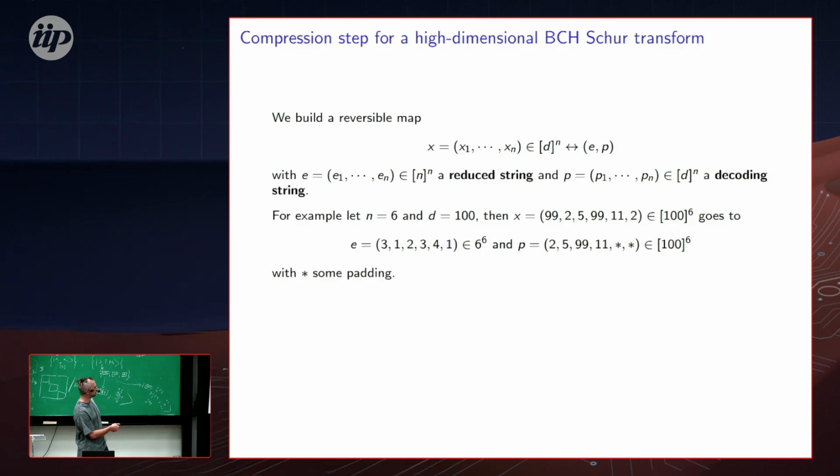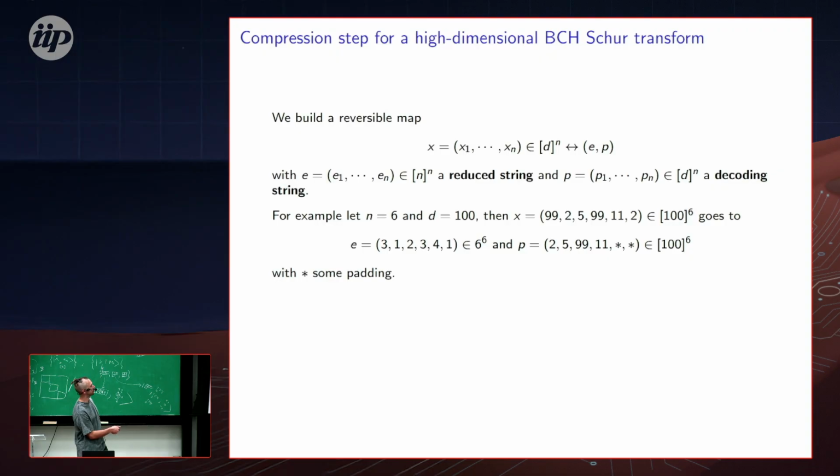Let's see how. As I'm saying, let's say you have some small n and a large d, and you have this vector, this string, 100 to the 6. I will use two different strings to encode this. I will use E to encode the different things that appear here.